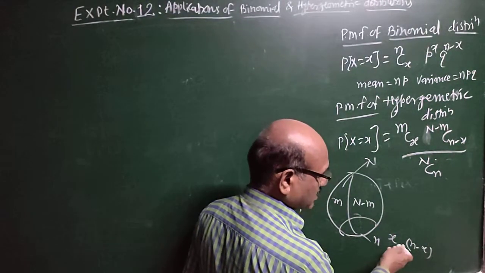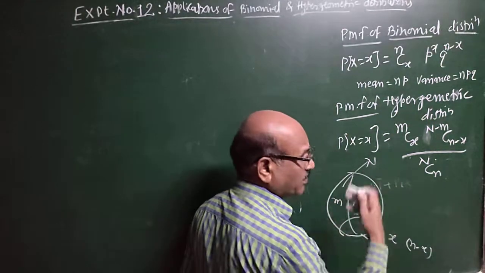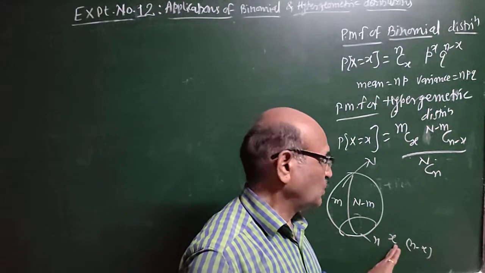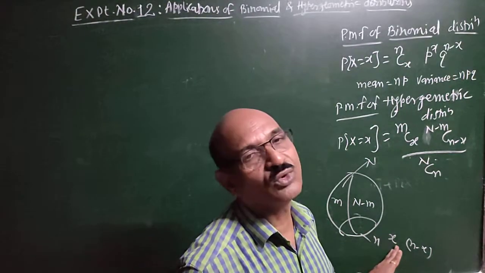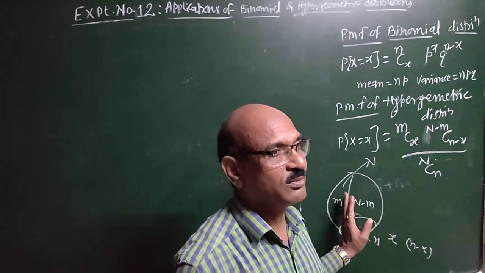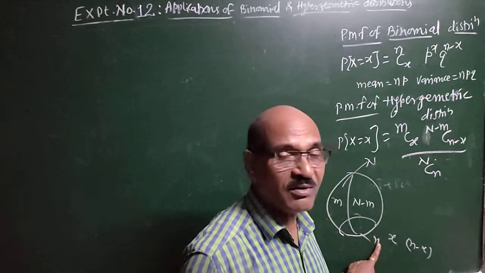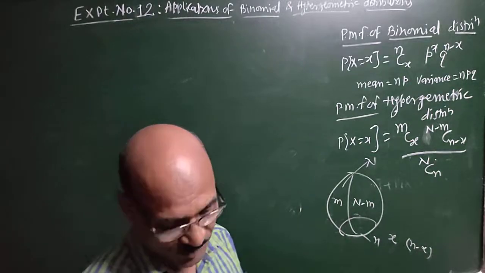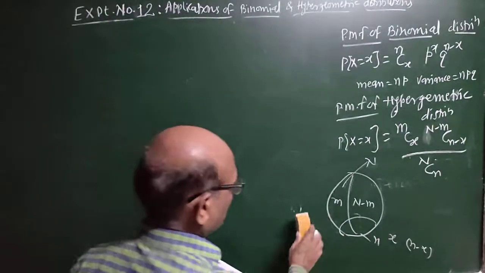So this is your x. So how many of that type, that probability you have to calculate. So out of these 10, 2 are vegetarian. So what is the probability of getting, in a sample of n, 2 as vegetarian? That way one can obtain from the hypergeometric distribution.